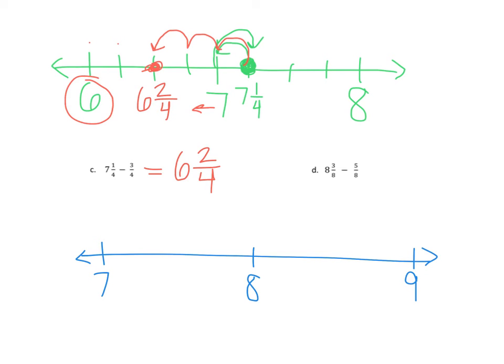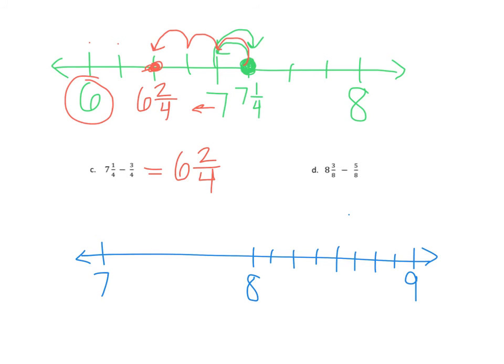So I'm looking at the interval between 8 and 9 because 8 and 3/8 is bigger than 8, but it's smaller than 9. I'm going to split that interval up into 8 equal pieces by using 7 lines because our denominator is 8. So 1, 2, 3, 4, 5, 6, 7.